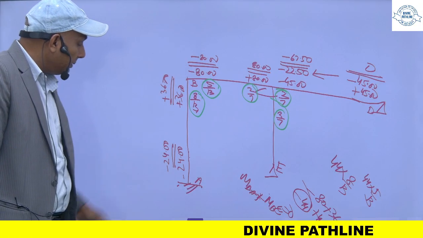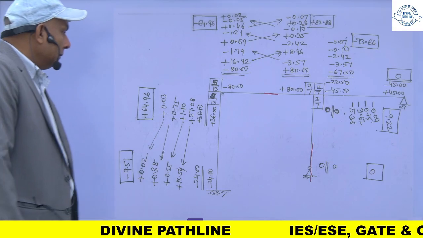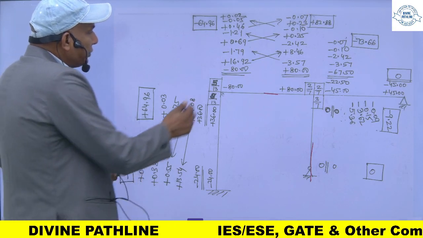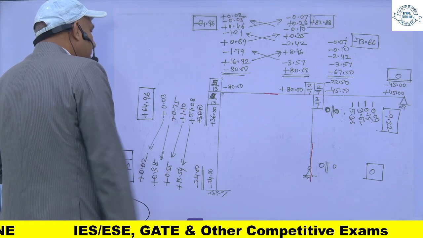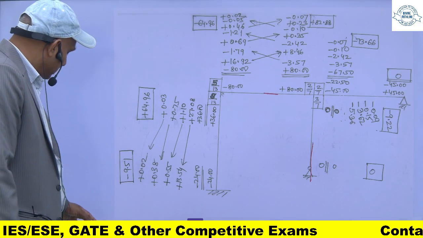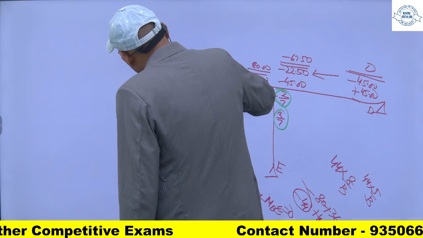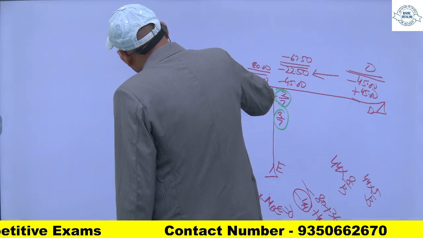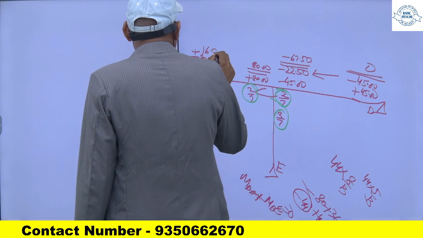So this will be plus 16.92 and plus 27.08. This will be plus 27.08 and this is plus 16.92.